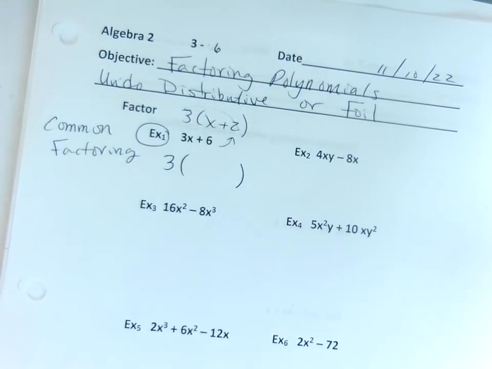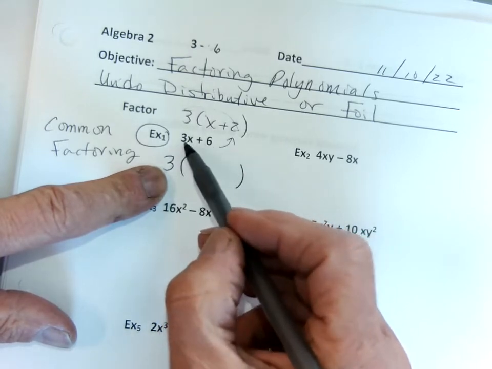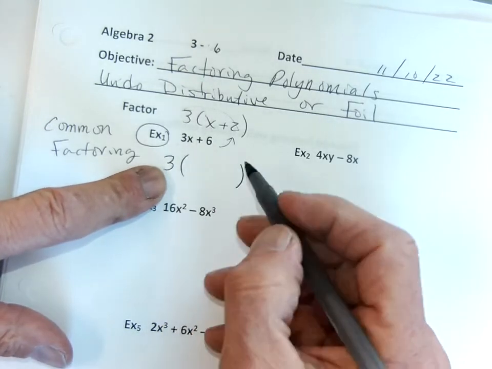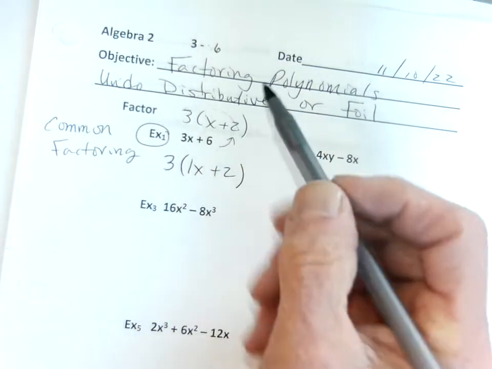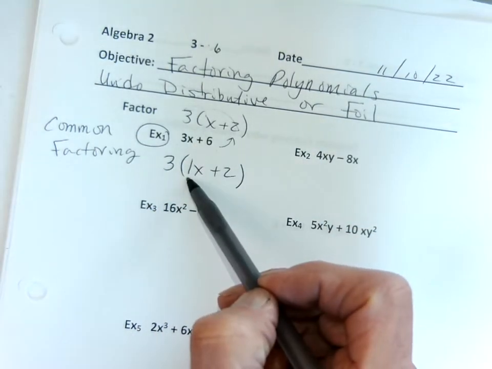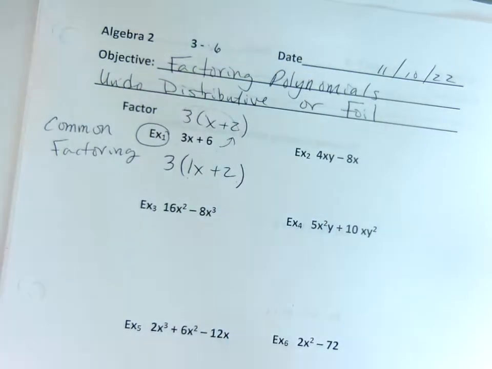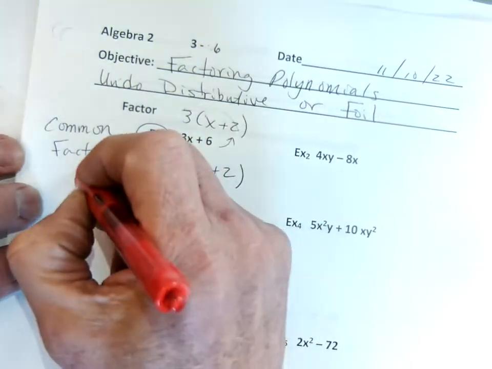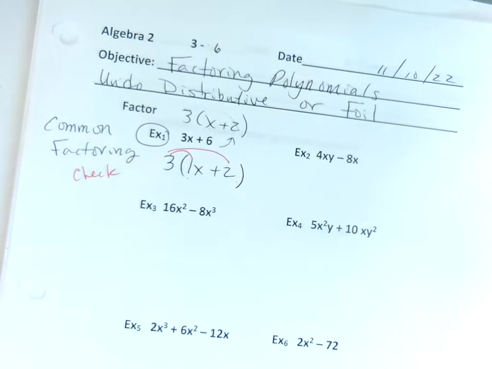And then I need to find out, if I factor out a 3, I would have 1x plus 2, because 3 goes into 3 one time, and 3 goes into 6 two times. And if you wanted to check your work, you can just multiply it back out. Will it make the original problem?